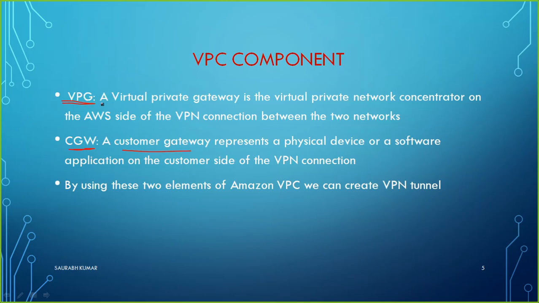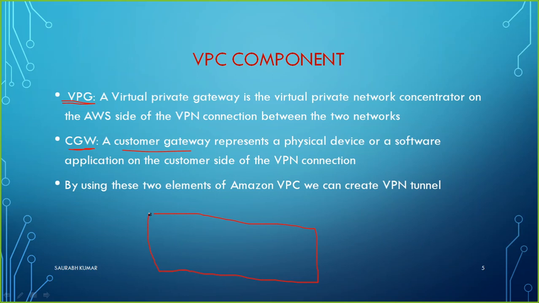So what is it actually? The VPG, the virtual private gateway, is a virtual private network concentrator on the AWS side of the VPN connection, which provides the VPN connection up to your premises, where at the customer side we use the CGW, a customer gateway, which represents a physical device or a software application on the customer side of the VPN connection.